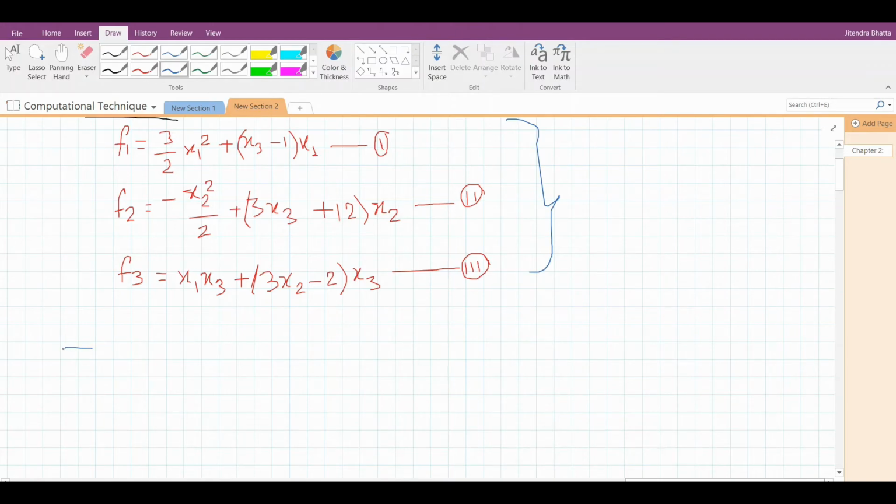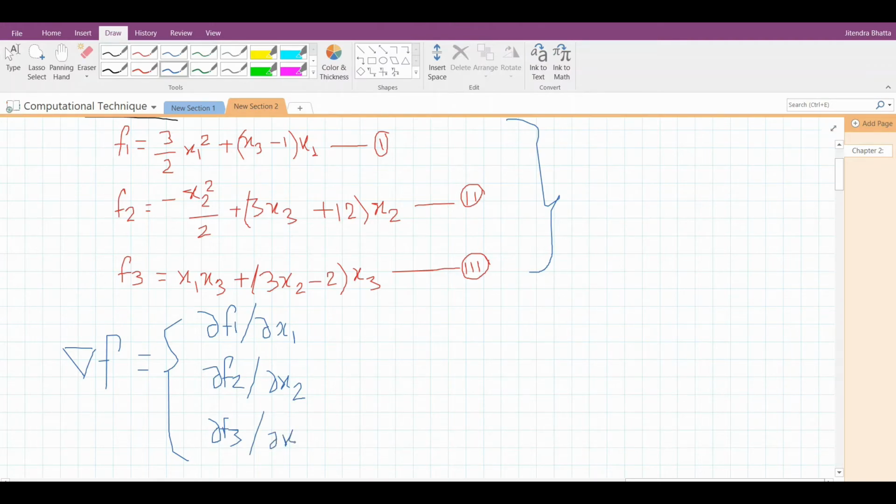So the gradient of f will be equal to the derivative of function 1 with respect to x1, and then here the derivative of function 2 with respect to x2, and the derivative of function 3 with respect to x3.